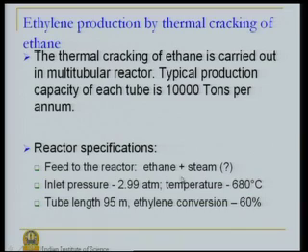We will try to find the answer to this question as well. Then we have a tube length of about 95 meters, and conversion of ethane, for example, about 60% from the entry to the exit. So, these are all typical design conditions that we have determined.